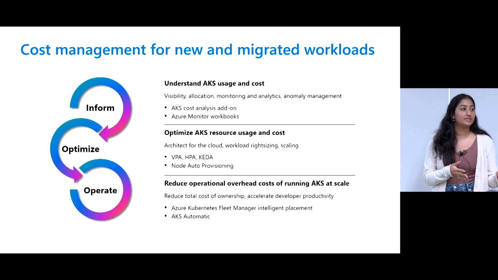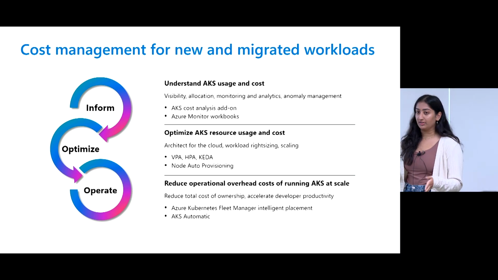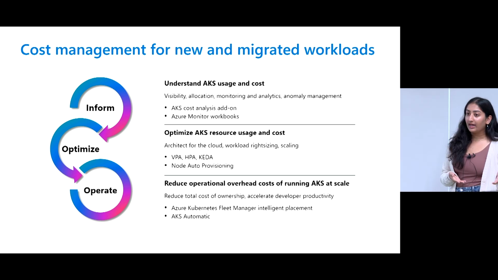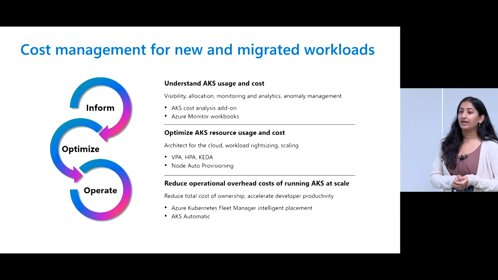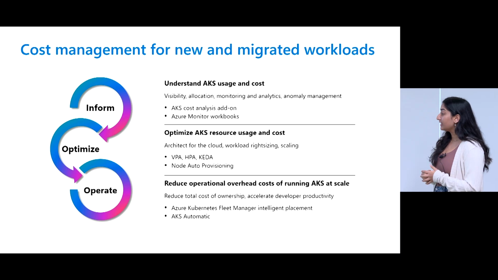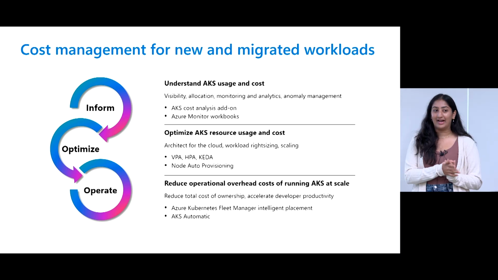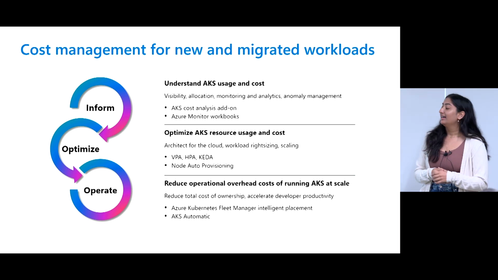That's been mentioned a few times throughout as a theme based off of the open source Karpenter project. Then following that up with operate, so reducing operational overhead costs of running AKS at scale. And that's where, as Karthik mentioned, we're going to be leveraging AKS Fleet Manager for intelligent placement, and then AKS Automatic comes back in, so full circle.